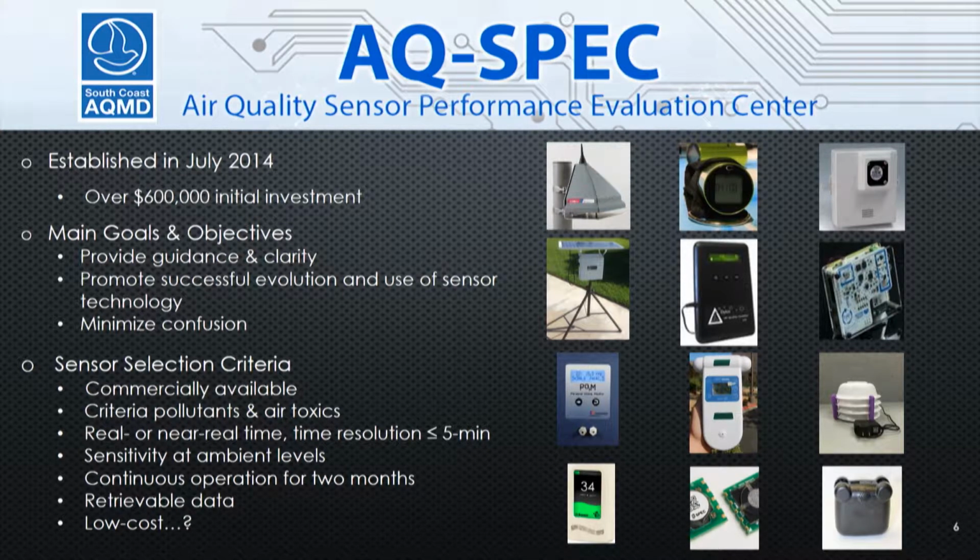And to minimize confusion by having an independent evaluation program. There's also the criteria for sensor selection. We're looking for devices that are commercially available, devices that measure in real time with less than 5-minute time resolution, a device that is sensitive at ambient levels, and that we can deploy for 2 months in the field and retrieve the data.